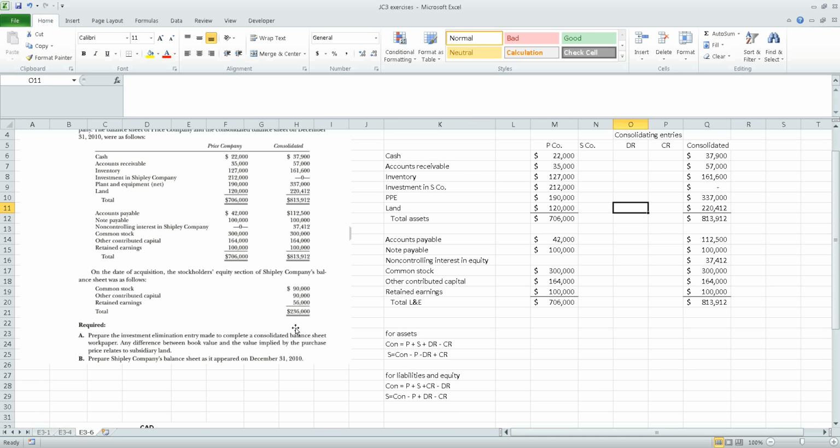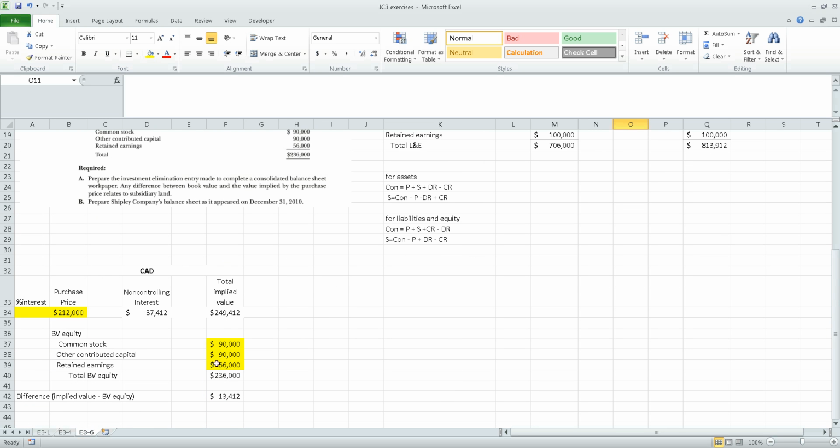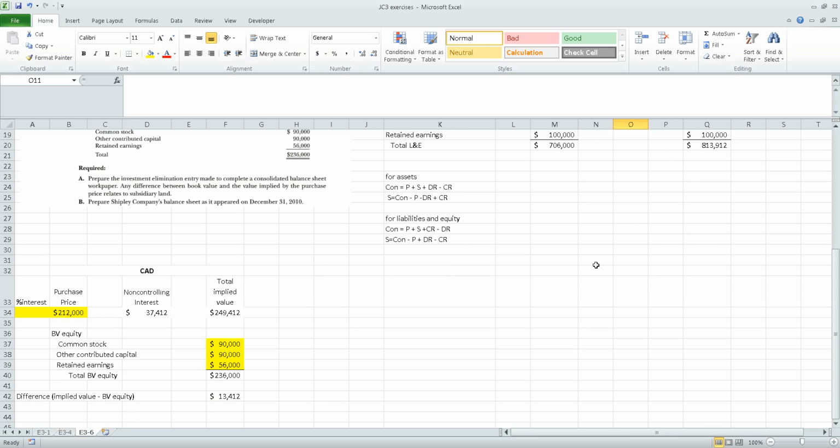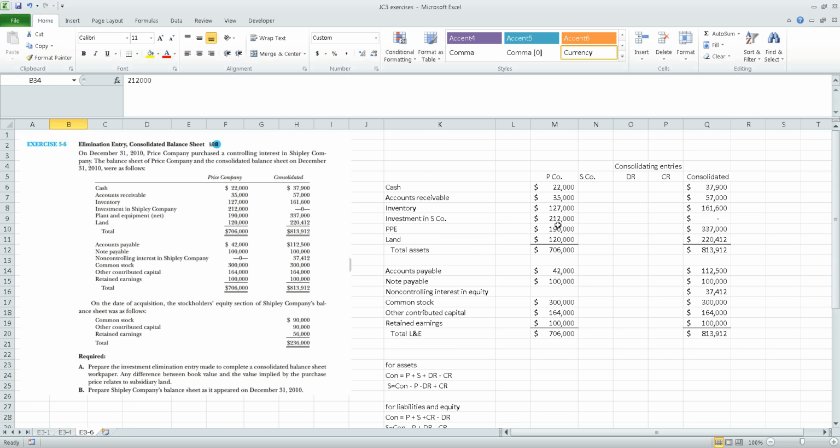So now, based upon this CAD schedule, we're in a position to go over here and develop what the consolidating entry must have been. Well, the consolidating entry must have entailed a credit of $212,000 to the investment in sub account here. So a credit there.